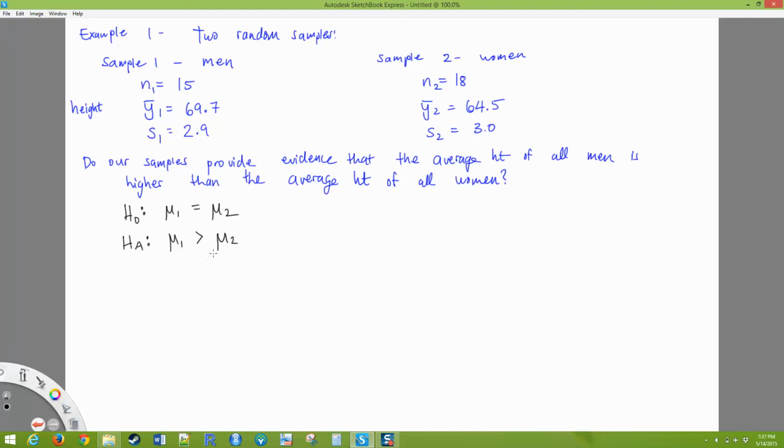Whenever you have, and this will come into play later, but I'm going to point this out now, if you have a greater than or a less than sign in the alternative hypothesis, this is known as a directional test, also known as a one-sided test.